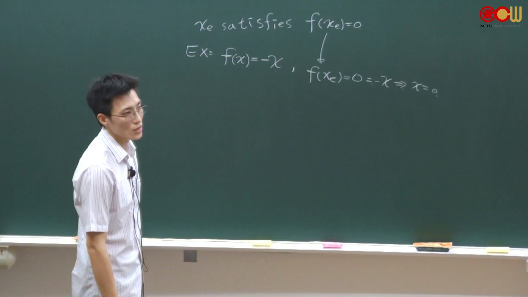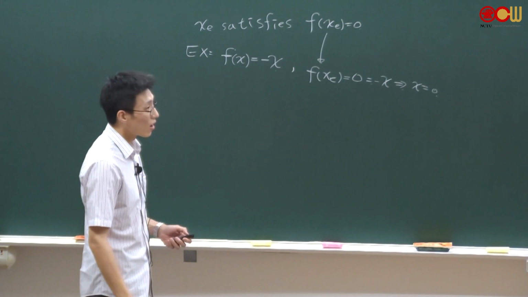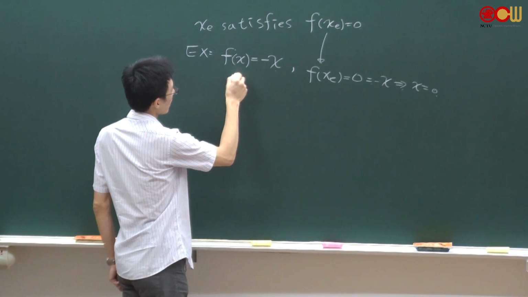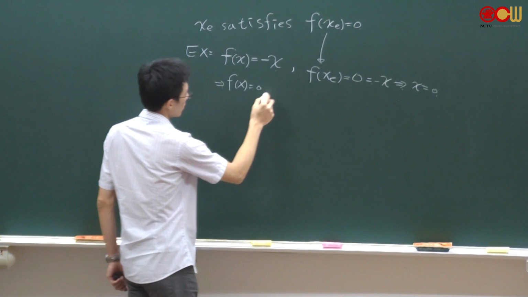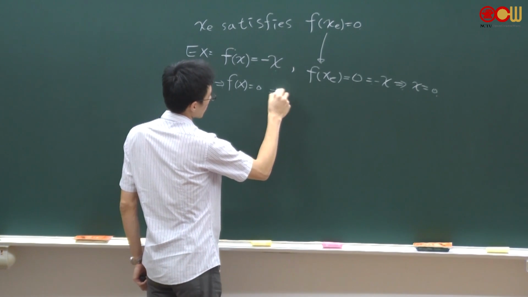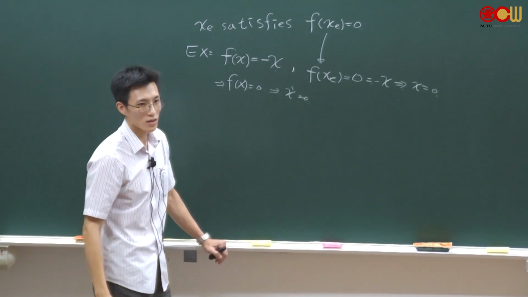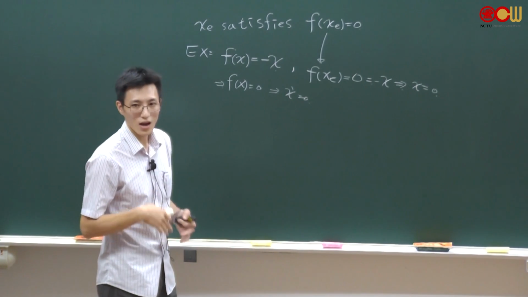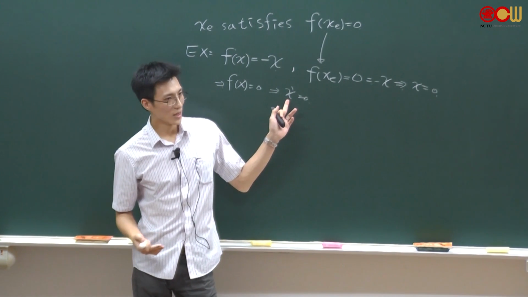So what's the physical meaning of an equilibrium point? Think about when f(x) equals 0. It means x dot is 0. What is x dot? It is the dynamics, defined as the time derivative of the states.